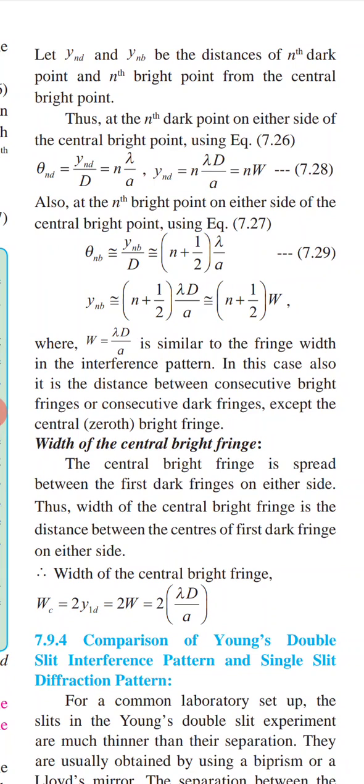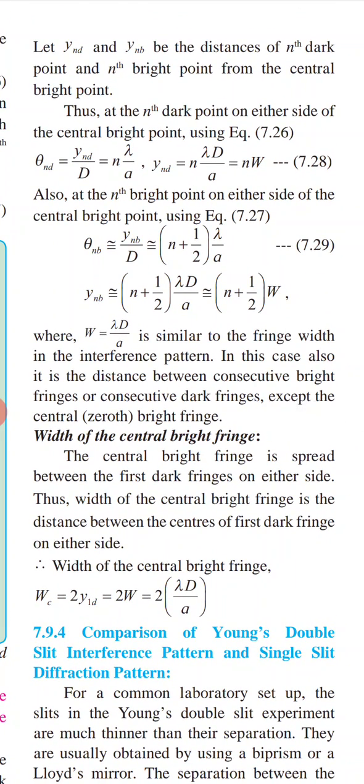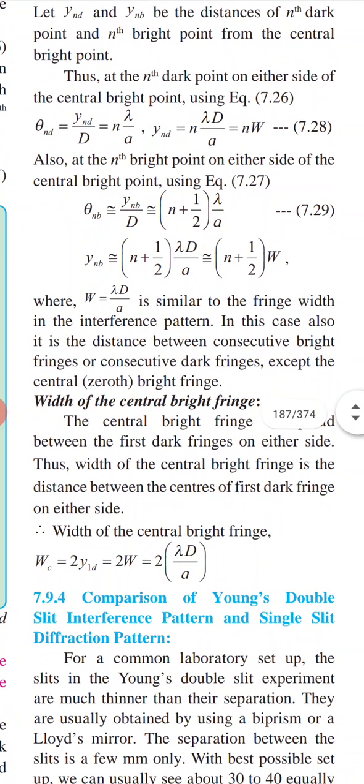So y_nD is equal to n lambda D upon a, which is equal to nW. And for the nth bright point on either side of the central bright point, theta_nB is approximately equal to y_nB upon D, which is approximately (n plus half) lambda upon a. So y_nB is approximately (n plus half) lambda D upon a, which is approximately (n plus half) W, where W is equal to lambda D upon a, similar to the fringe width in the interference pattern.